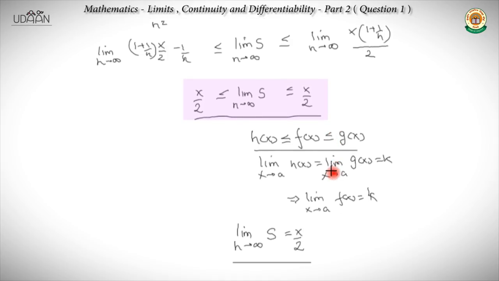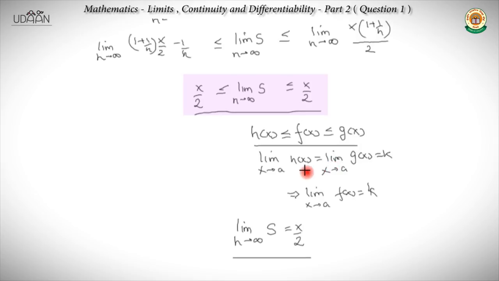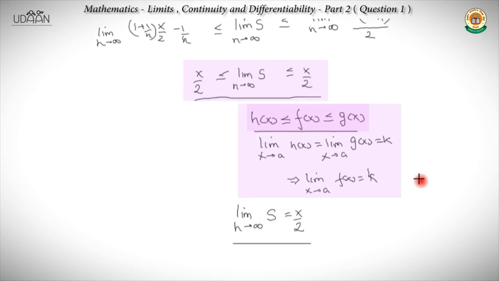Looking into this expression, we can see that the sandwich theorem will hold true here. Sandwich theorem states that when h(x) is less than f(x), which is less than g(x), and if limit x tends to a of h(x) equals limit x tends to a of g(x) equals k, which is a finite value, then limit x tends to a of f(x) will also equal k.